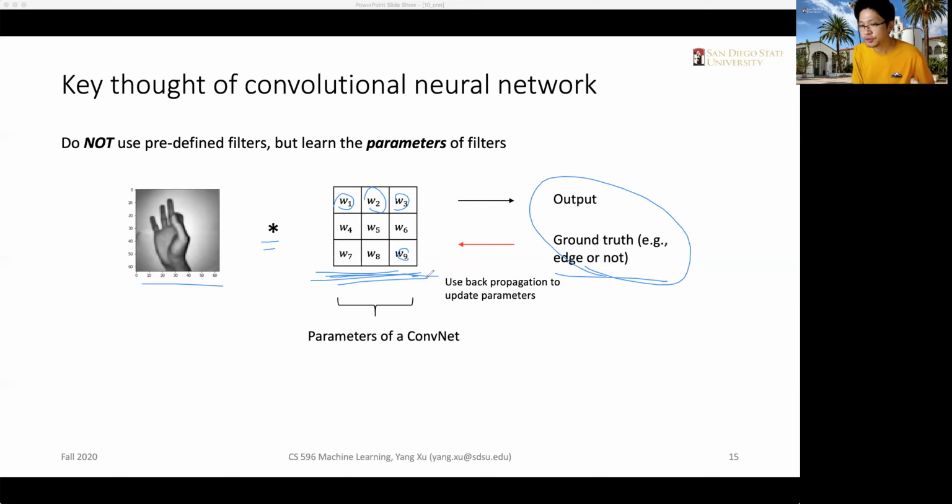Now, during the first forward pass, it's not necessary to use any predefined filters. The filters can be initialized to random numbers, just like the way we initialize our regular neural network, right? Remember the Xavier normal way of initializing the deep neural network?